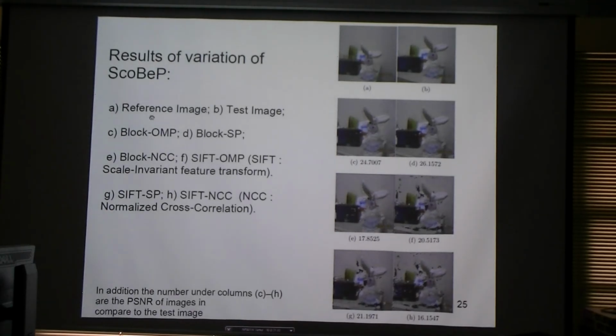For feature extraction, we use the block and SIFT, as I said. For the next step, the sparse coding for finding candidate points, we tried three methods: OMP, NCC, a normalized cross correlation, and also SIFT.